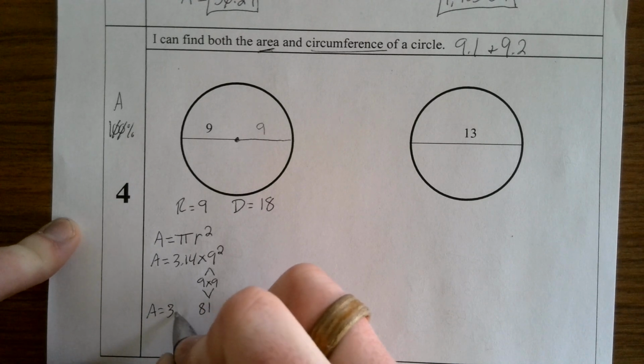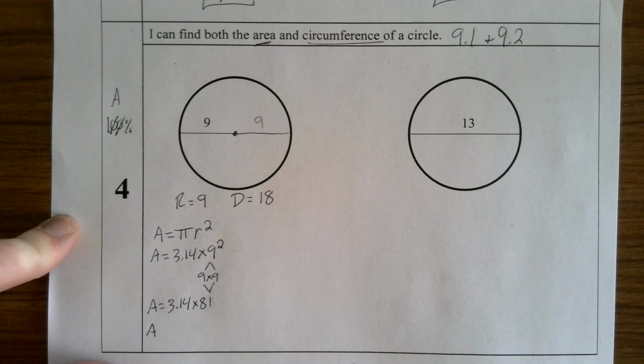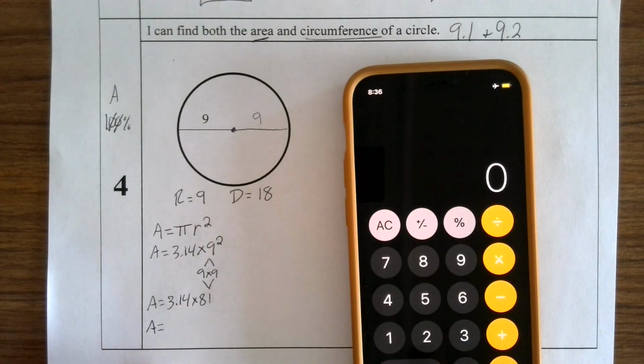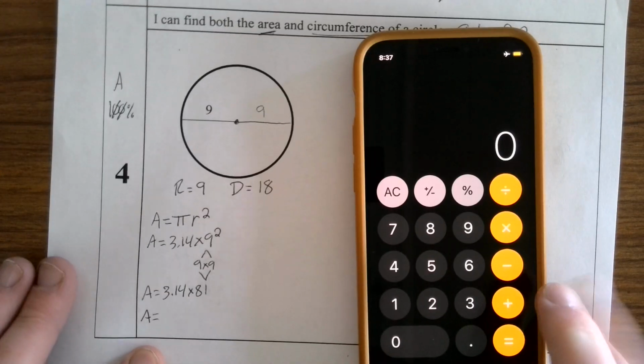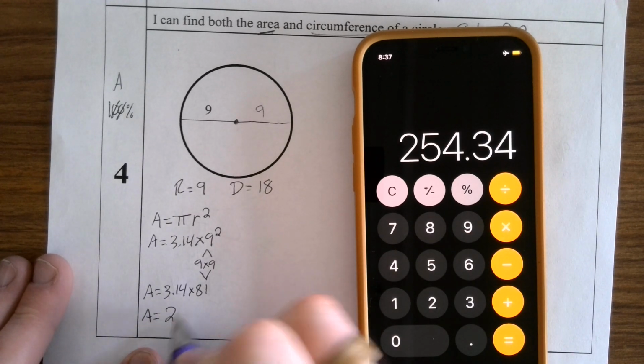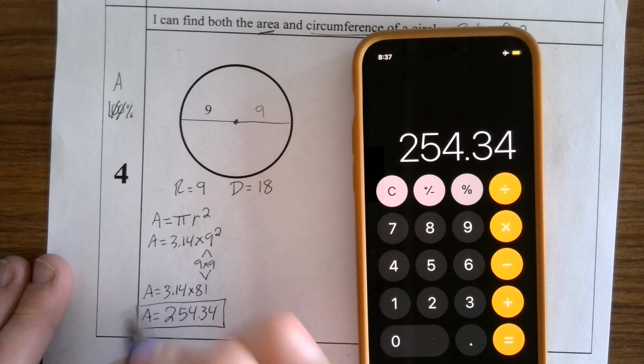I need to multiply 3.14 times 81 to get my area. 3.14 times 81, 254.34. So there is my area.